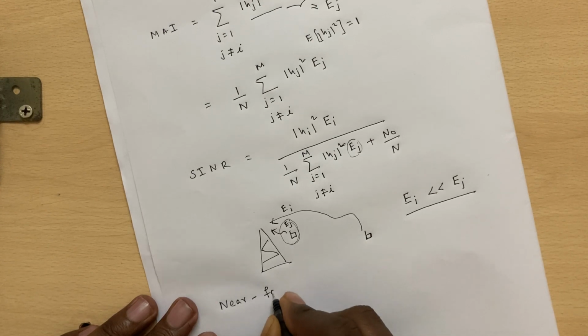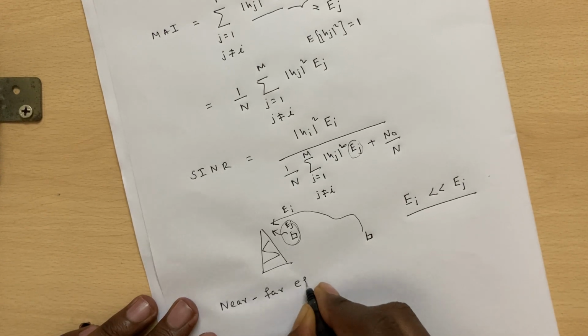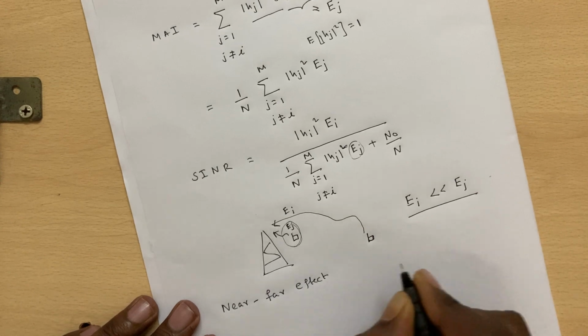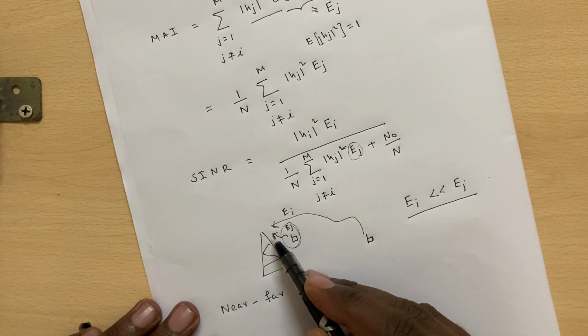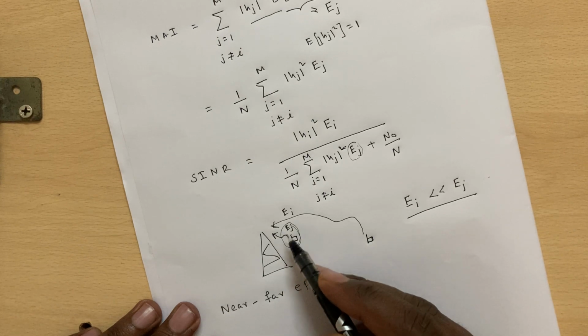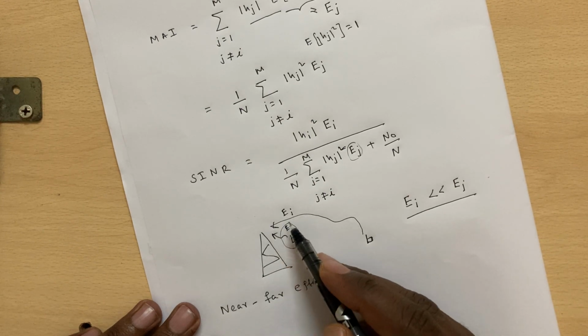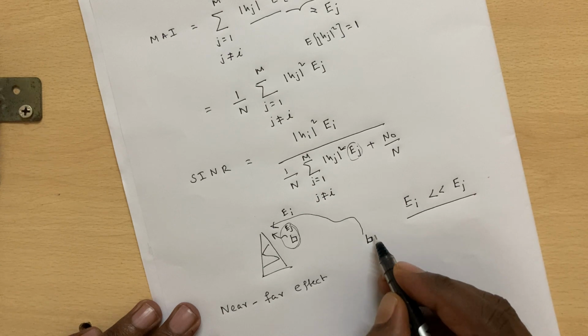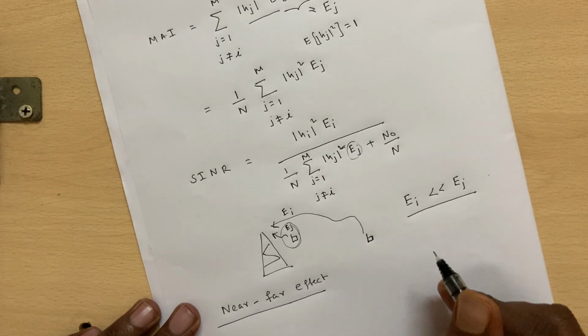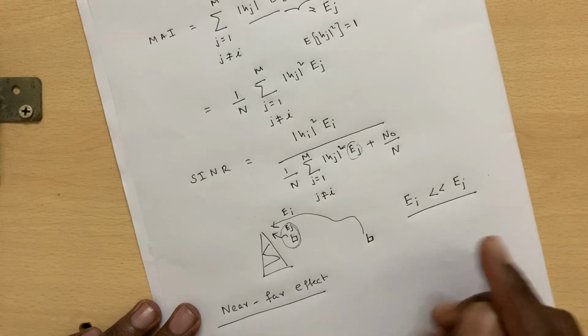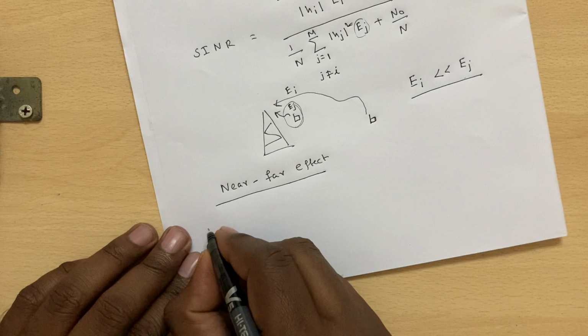Due to the near far effect, the users who are close by to the base station will dominate the SINR of the users far away from the base station, because the assumption is they use the same transmit power. So to avoid this problem, what the base station will employ is called uplink power control.